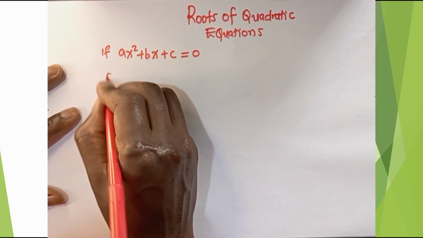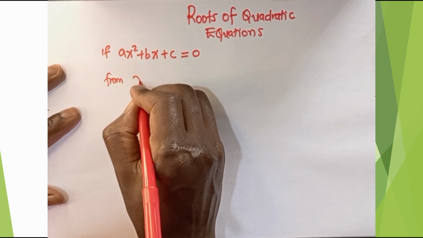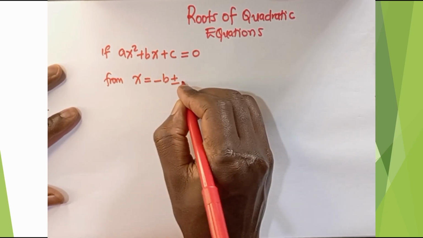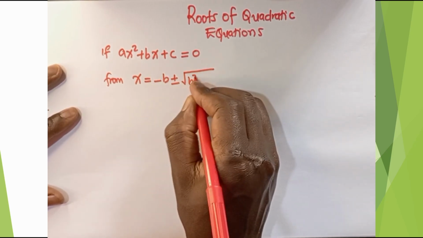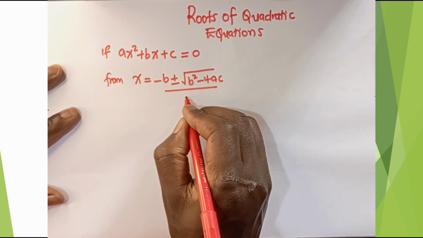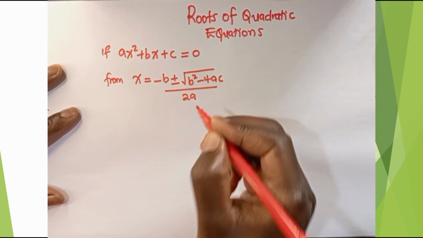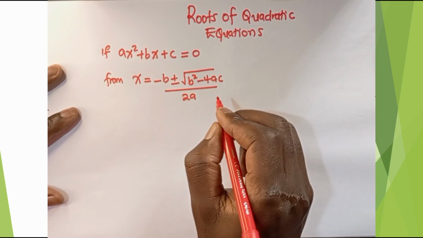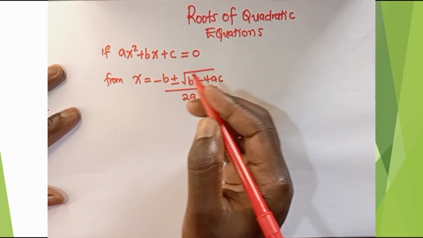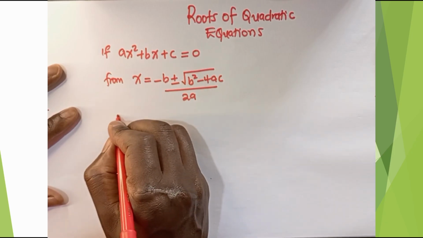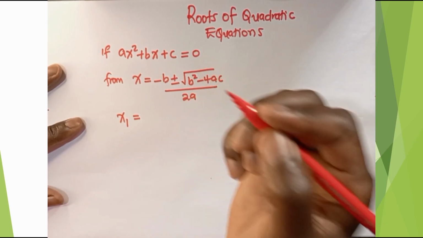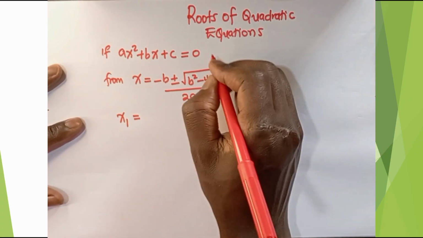From saying that x is equal to negative b plus or minus the square root of b squared minus 4ac out of 2a, it is known that this quadratic equation has two roots. When you talk about roots of a quadratic equation, we have two things.